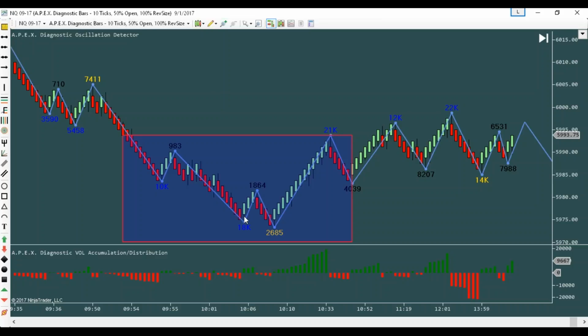Let's say there was a lot of volume in the wick of this bar. Okay? Well, oscillation detector is going to put that volume where? In the high to low reading of this down move, as to where VAD might put it in the, like, one may put it in the down move, the other may put it in the up move. Does that make sense? Christopher said, aha. Does that make sense there?